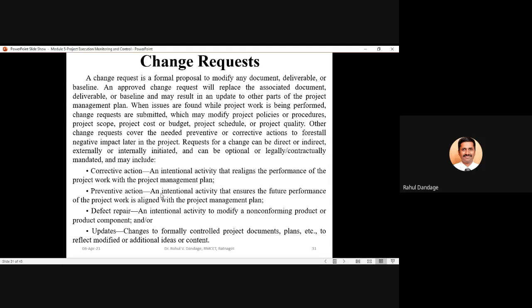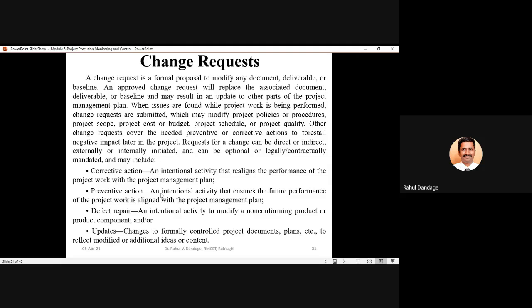The request for a change can be direct or indirect, externally or internally initiated, and can be optional or legally or contractually mandated. So for the request for change, either there can be a direct methodology or there may be some indirect way of suggesting the changes which are required.